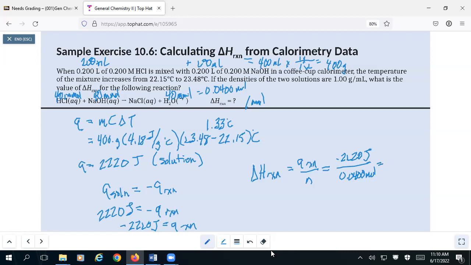And that'll give us negative 55,500 joules per mole, which we could easily convert to kilojoules, negative 55.5 kilojoules per mole.